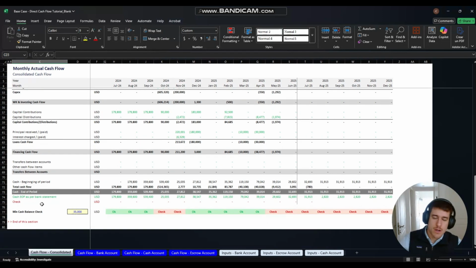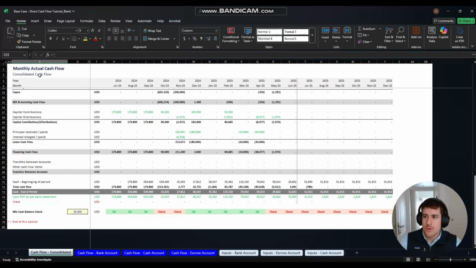And lastly, keep an eye out for transactions between bank accounts. We don't want to double count transactions when they flow from one bank account to the other. That is super interesting. To make sure that we are not double counting, my next recommendation, I think it's the third or fourth, would be to have separate tabs for each bank account.